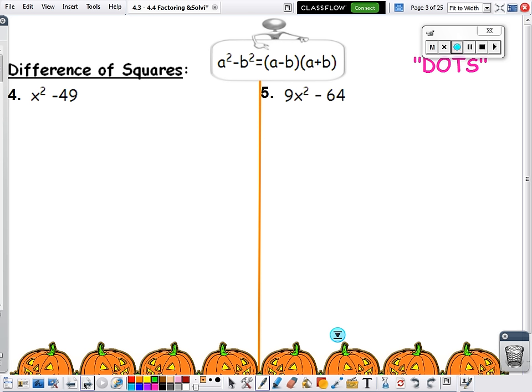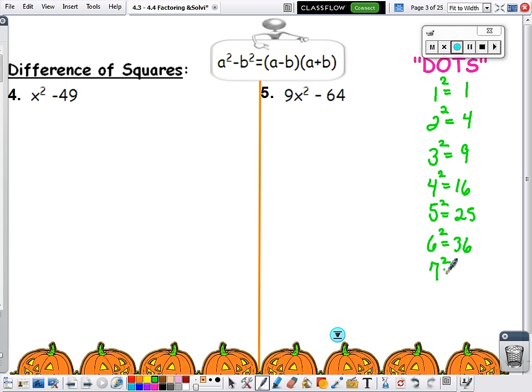So you need to be thinking and looking at and being able to recognize numbers such as 1 squared, which is 1, 2 squared, which is 4, 3 squared, which is 9, 4 squared, which is 16, 5 squared, which is 25, 6 squared, which is 36, 7 squared is 49, 8 squared is 64, 9 squared is 81. You should be pretty comfortable. We call these numbers your perfect squares.